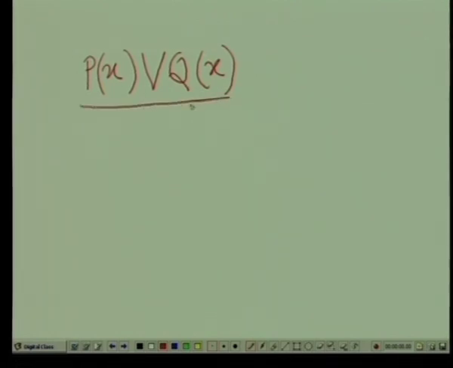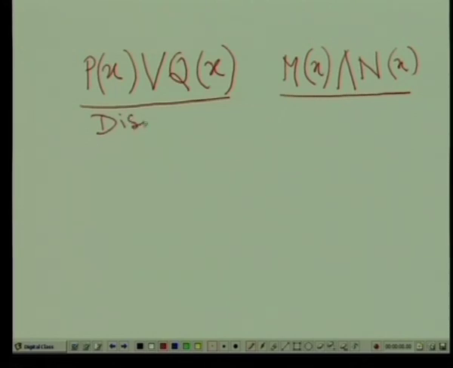Say I have got P x or Q x, this is a disjunction, and say M x and N x, this is a conjunct. Now, a canonical form is a conjunction of disjuncts, all right.